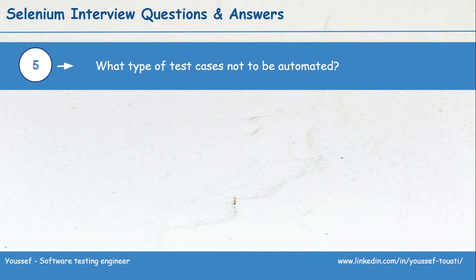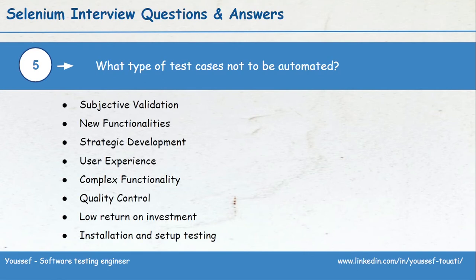Now we'll see what types of test cases should not be automated, so beware of this: subjective validation, new functionalities, strategic developments, user experience, complex functionality, quality control, low return on investment, and installation and setup testing.